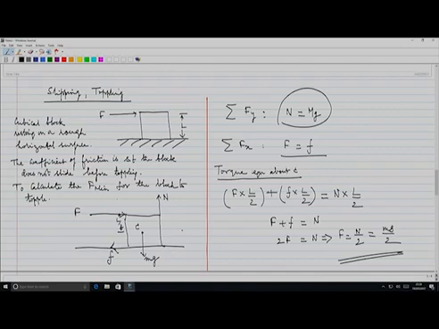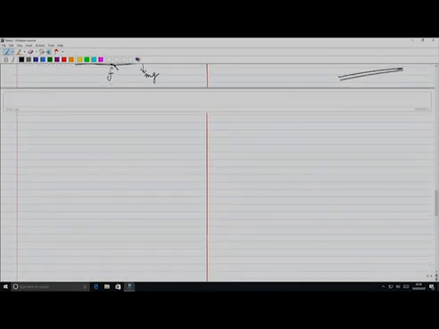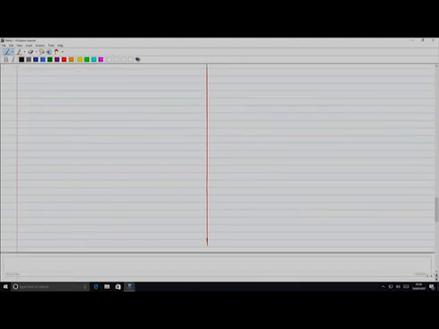So take the torques and equate them and the problem is solved. F minimum, in fact, it is amazing that the minimum force required is half of the weight of the body.